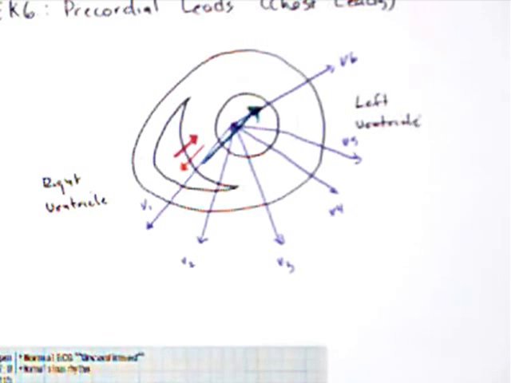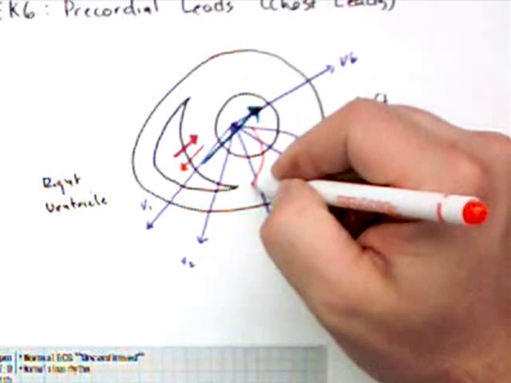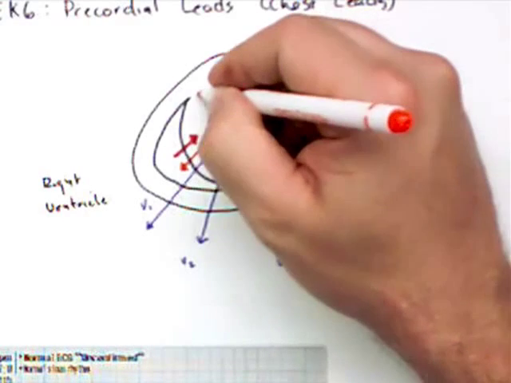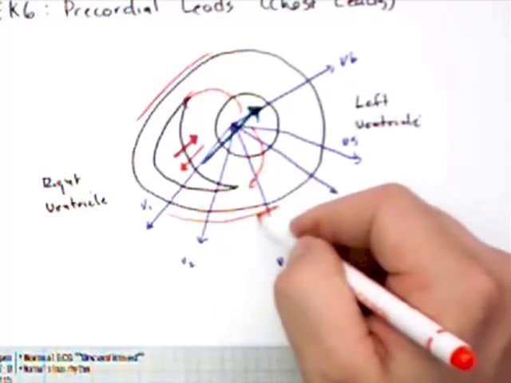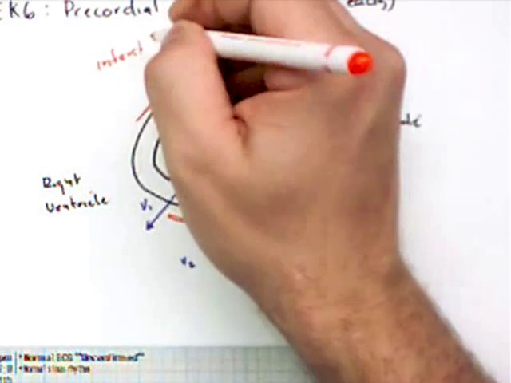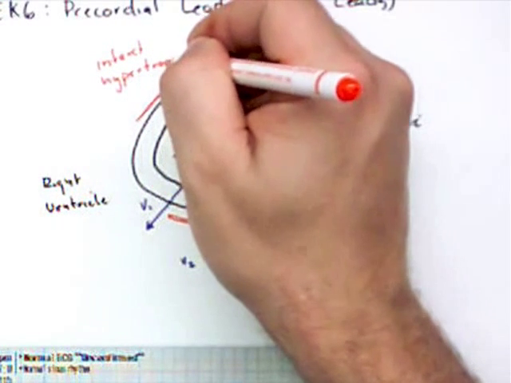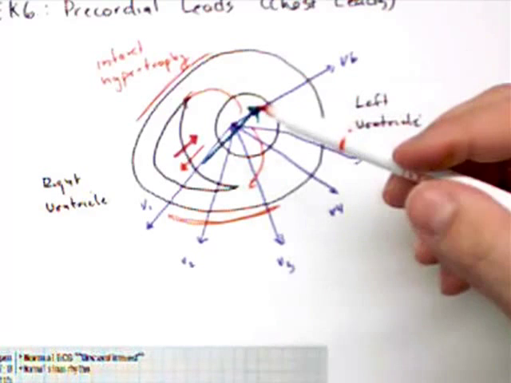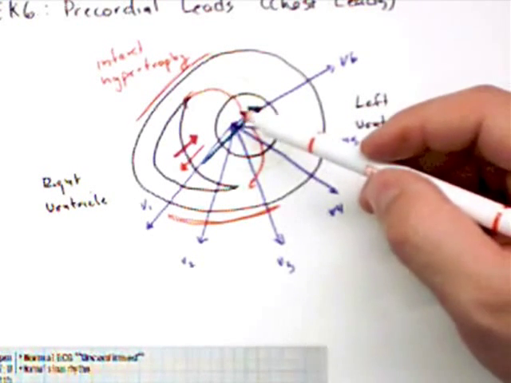So if there's any kind of changes, just like with QRS axis, if this were to shift in this direction, or if it were to shift in this direction, it would indicate that there's changes in the muscle. And it could be infarct, or it could be hypertrophy. I don't think I'm going to spend the time to do that in this, but I think based on your understanding of the QRS axis, you can kind of figure that out.